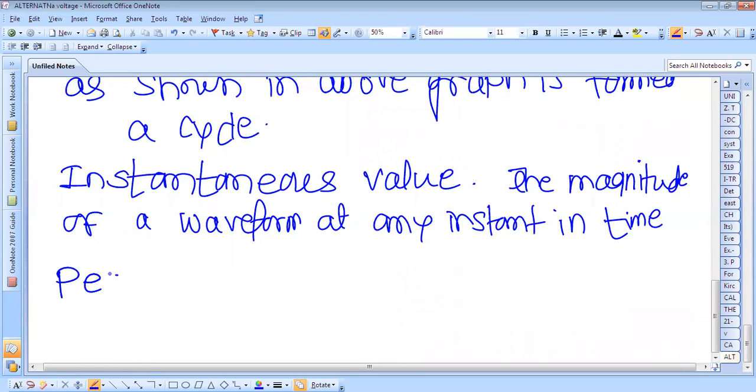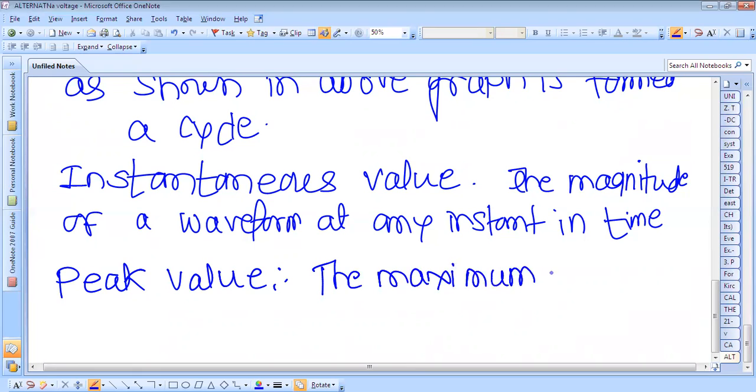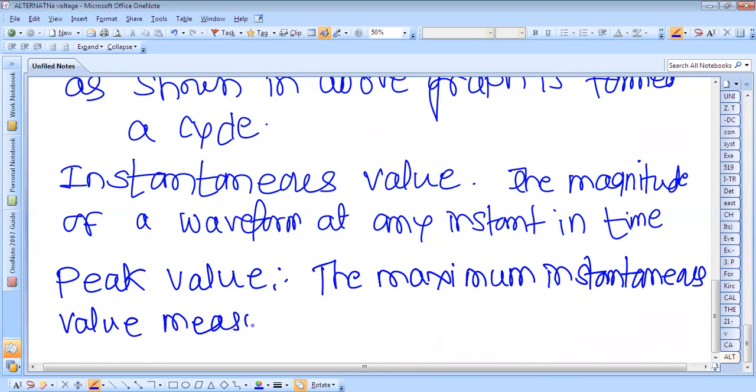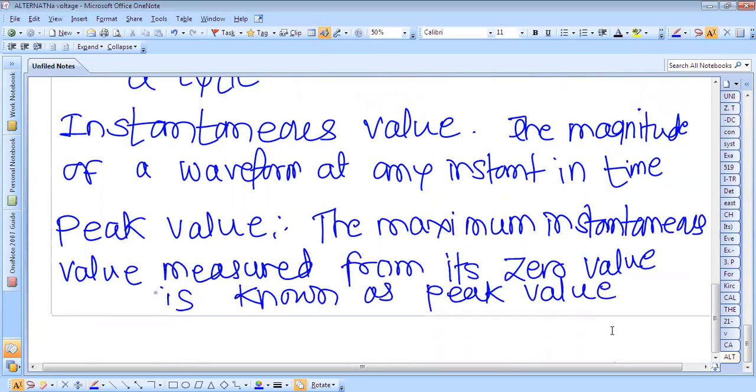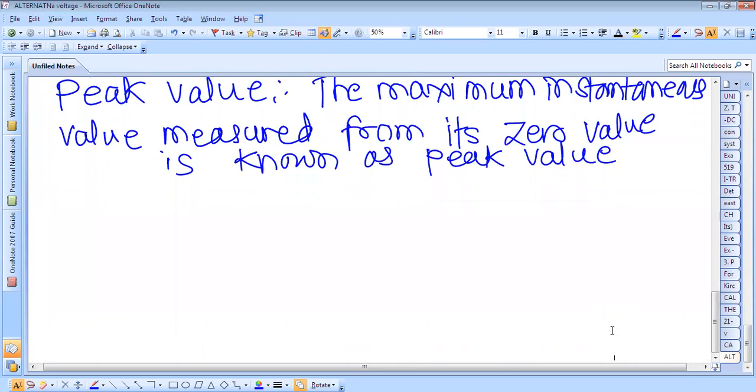Next is the peak value. The maximum instantaneous value measured from its zero value is known as the peak value.